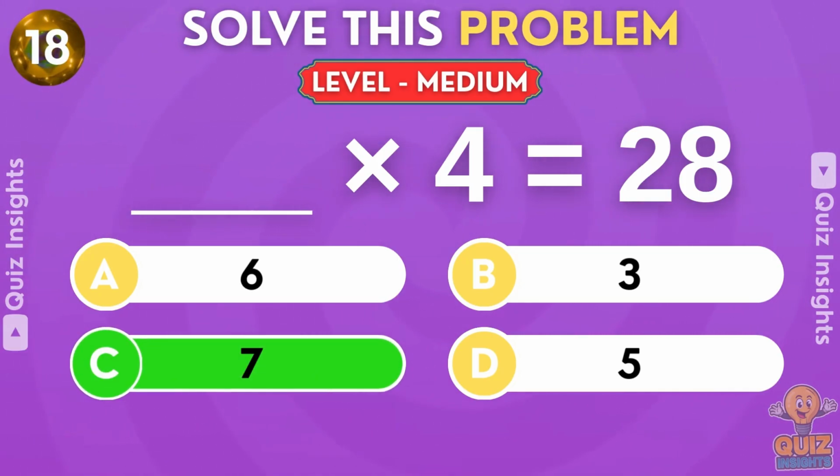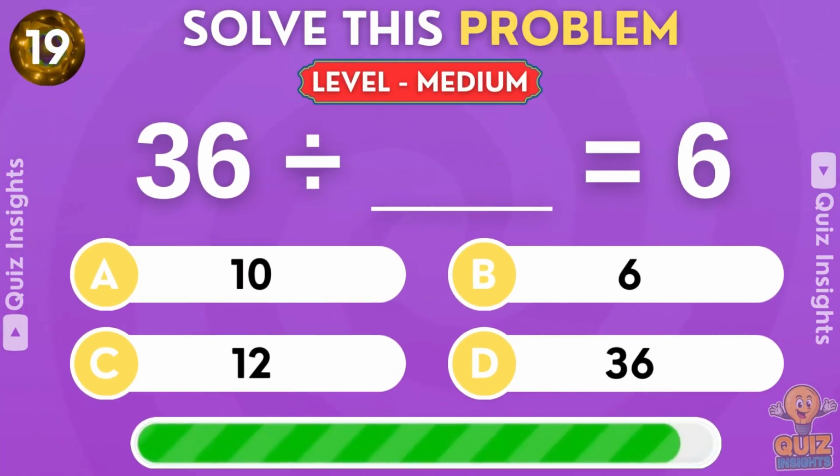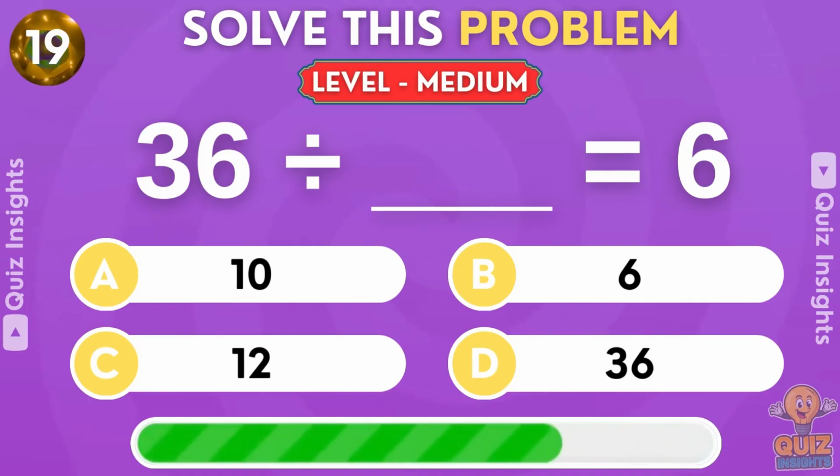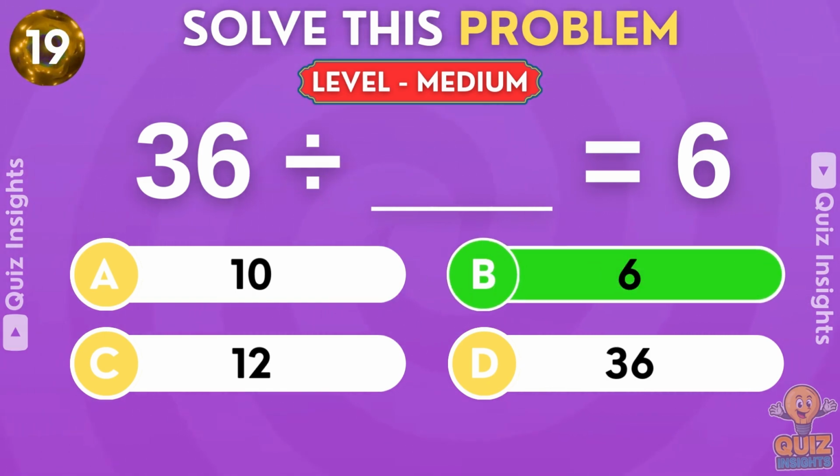Correct, it's 7. 36 divided by what number equals 6? Correct, it's 6.